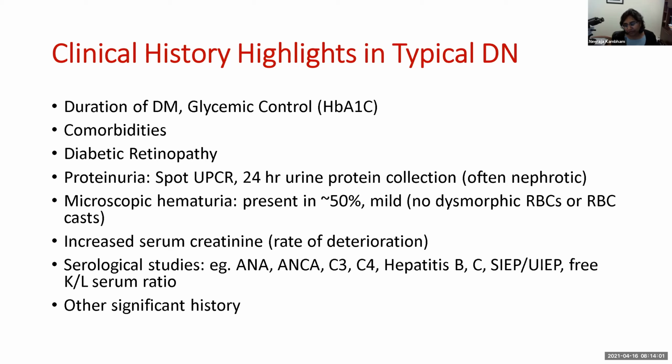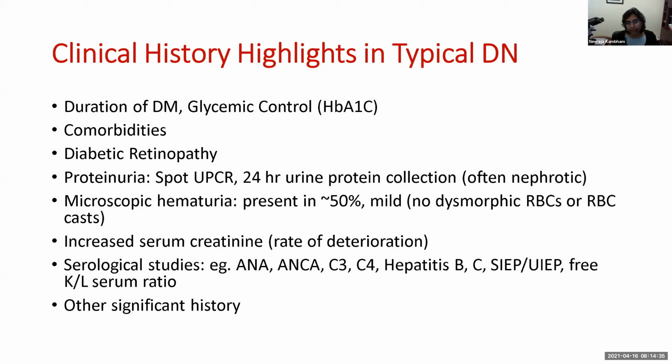It's present in about 50% of the patients, but typically it's mild and there shouldn't be any distorted or dysmorphic red blood cells or red blood cell casts in a typical diabetic nephropathy on urine microscopy. But when they are present, we are thinking about alternate diagnoses or a superimposed process. Increased serum creatinine, again, we like to know the rate of deterioration, that is, how rapidly the serum creatinine has gone up. That helps us in our differential diagnosis.